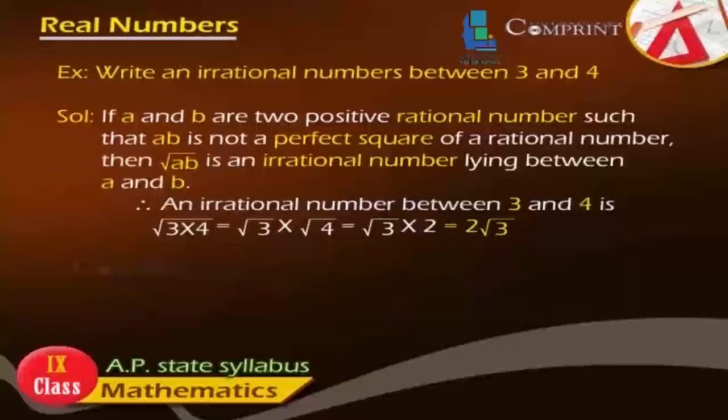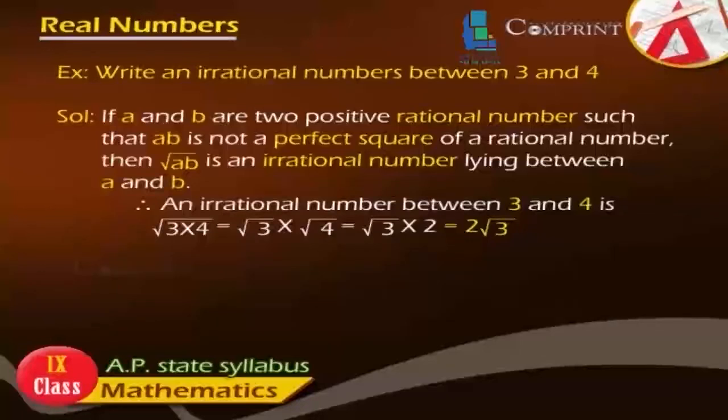Example: write an irrational number between 3 and 4. Solution. If a and b are two positive rational numbers such that ab is not a perfect square of a rational number, then √ab is an irrational number lying between a and b.